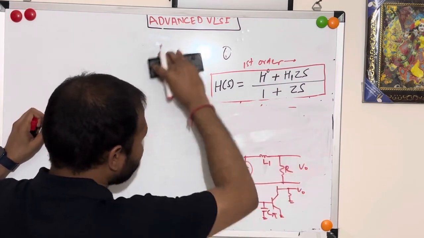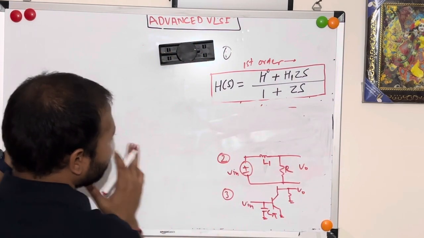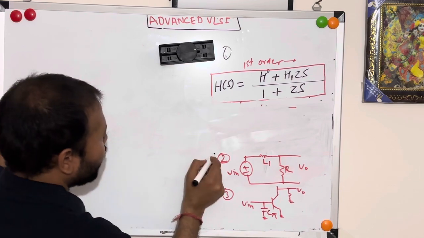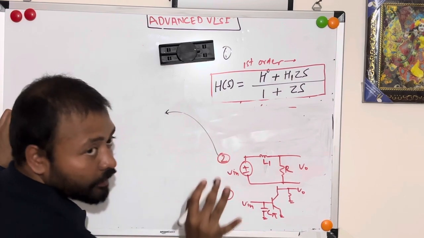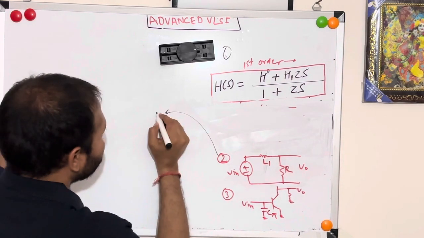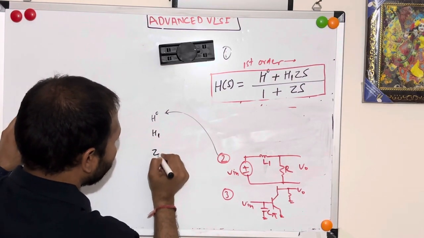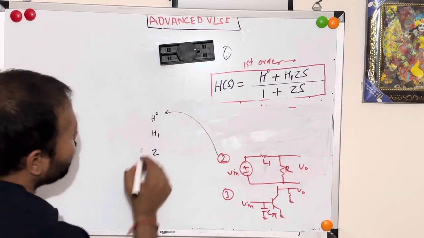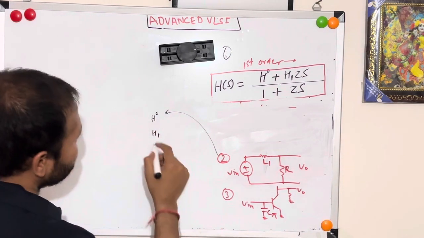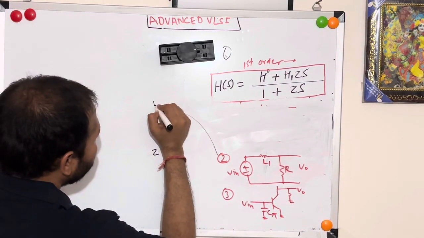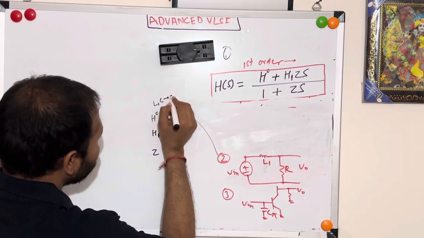I have done this. Now look from here, how to find? Again we have three variables, H of 0, H of 1 and tau. Correct? Now let's again start with the basics. H naught means I am saying L and C must be 0.